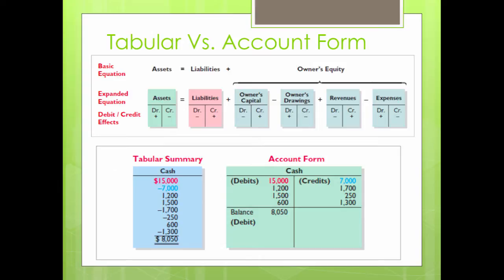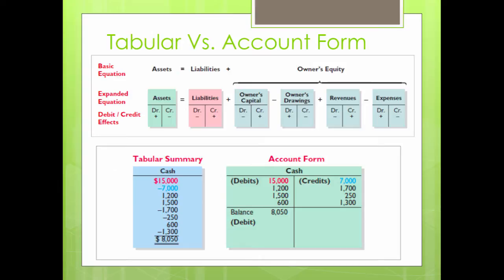So what this tabular form tells you is that you started with $15,000, and in the accounting form you will record it as a debit, because if you look at your best friend here, in order to increase the asset account, you need to record it under the debit side or the left side.